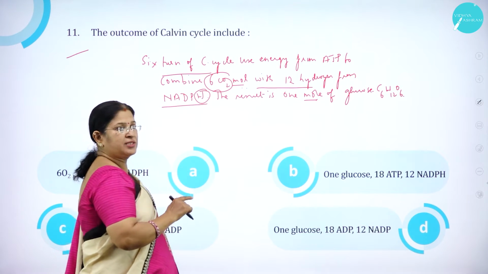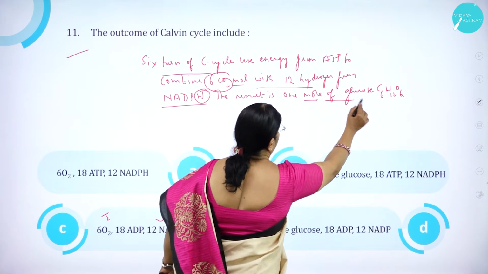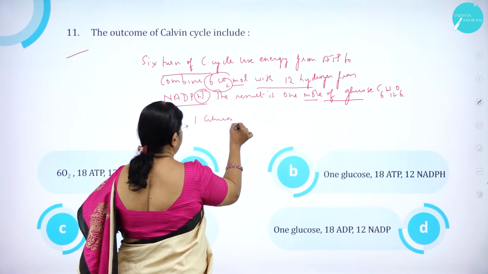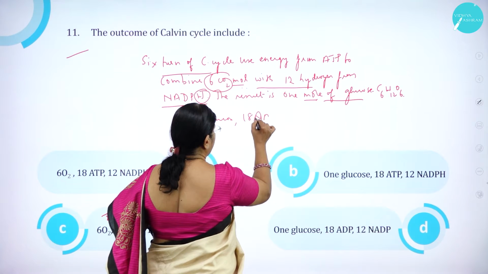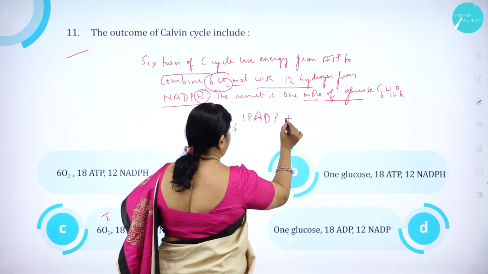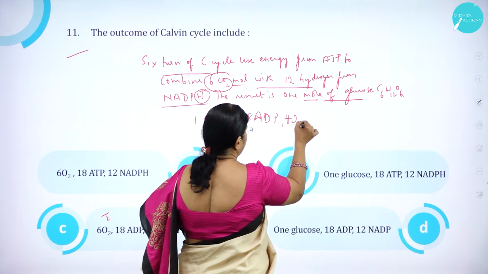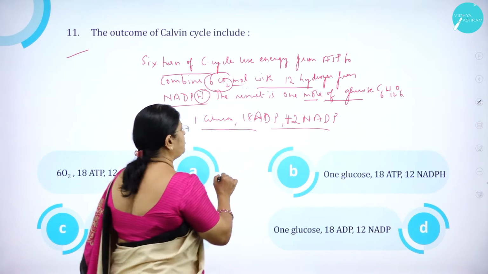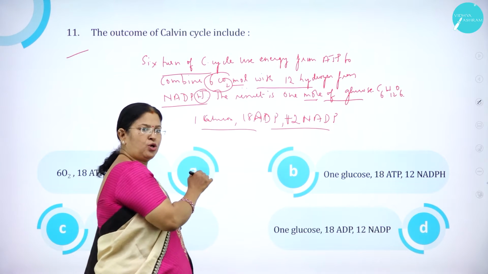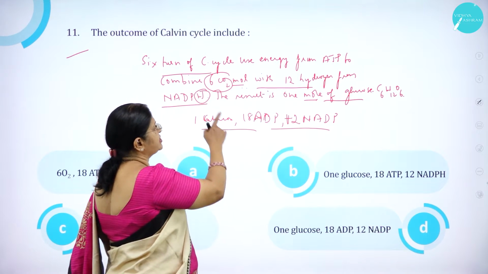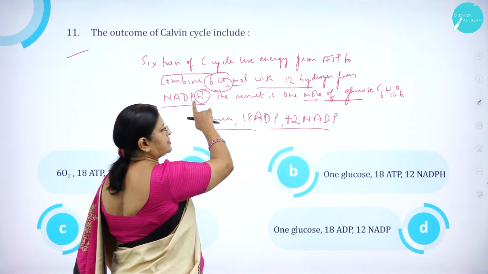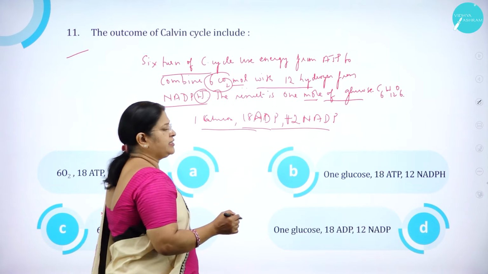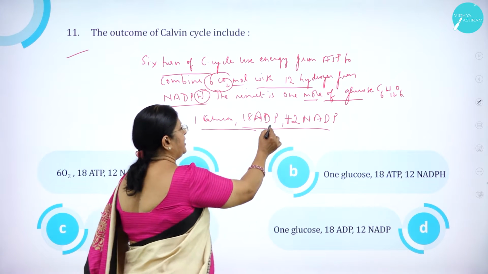The result is 1 molecule of glucose, 18 ADP, adenosine diphosphate, and 12 NADP. So which is the option which is having 1 glucose, 18 ADP, then 12 NADP?